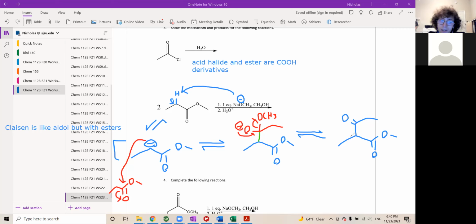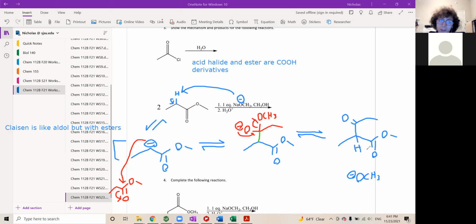And this structure here is actually the final product, but for the mechanism, it doesn't stop at this stage. Because what we just kicked out was methoxide. And this isn't a great leaving group because it's a pretty strong nucleophile and a pretty strong base, so it's fairly reactive. And there is an alpha hydrogen here, which is alpha to both the ketone and the ester.